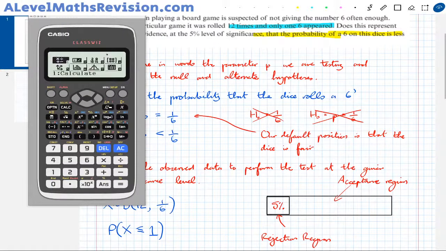So menu, and we'll go into the binomial distribution mode. Binomial cumulative, because we're doing less than or equal to. Variable. It's the probability that x is less than or equal to 1, where we had 12 trials, and the probability was 1/6.